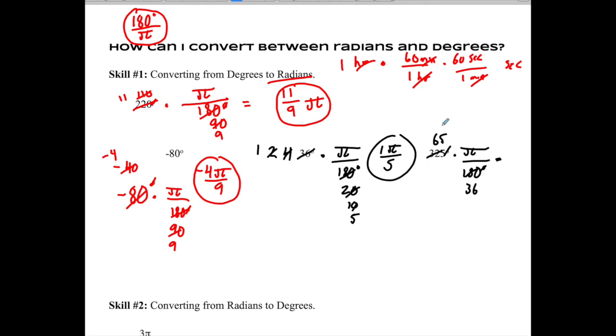Now, can I go any further? I don't know that I can. 65 and 36. Let's see. Sure don't have a 9 in them.